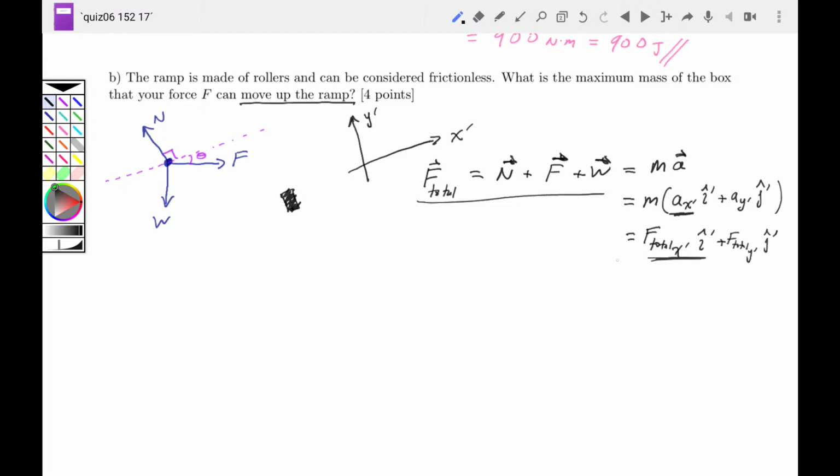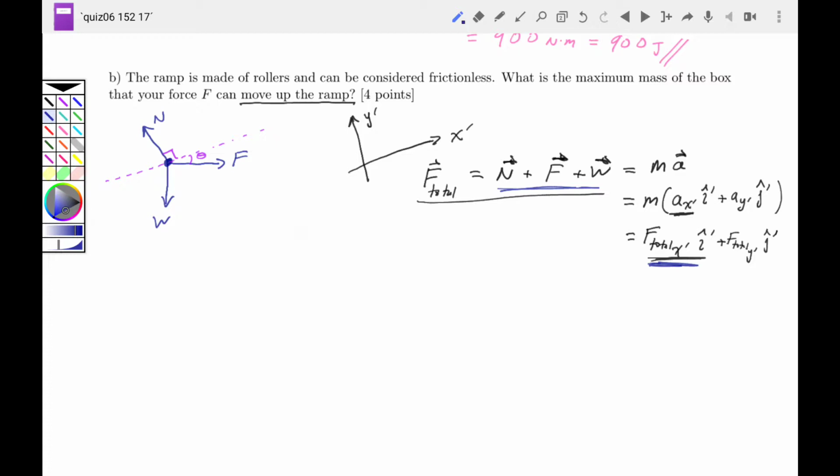But we're looking at this guy. Get rid of that. So let's add up all these forces and then look at the x component, or the i prime component.